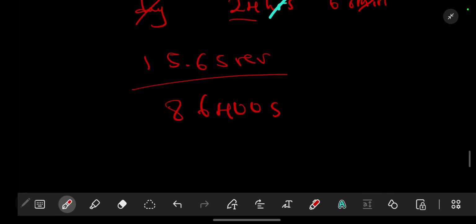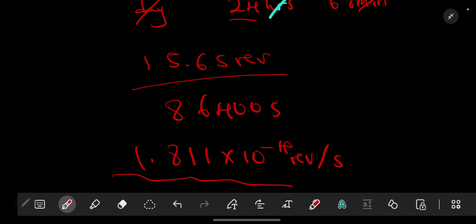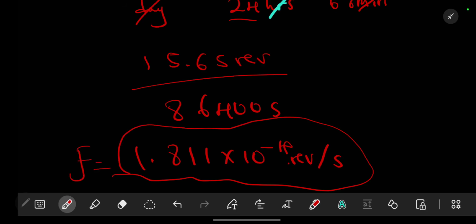So then when you divide, it will be 15.65 divided by 86,400. This gives us a value of 1.811 times 10 to the power negative 4 revolutions per second. So this is frequency. So frequency is revolutions per second.